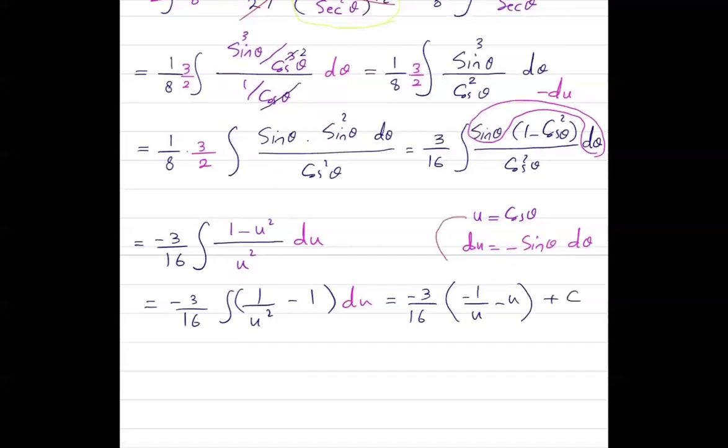But what is u? u is cosine theta for now. So you have 3 over 16 times 1 over cosine theta, and then let us keep 3 over 16 outside the parentheses. Just distribute the negative sign, plus cosine theta plus constant of integration.